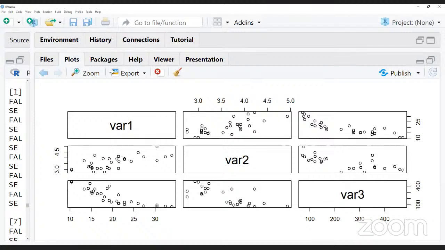Observed data are negative, because it goes from top to bottom, not from bottom to top. Yes, var1 and var3 are negatively correlated, and var2 and var3 are also negatively correlated. var1 and var2 are positively correlated. Okay. Got it.